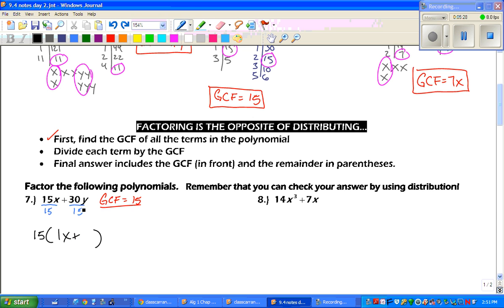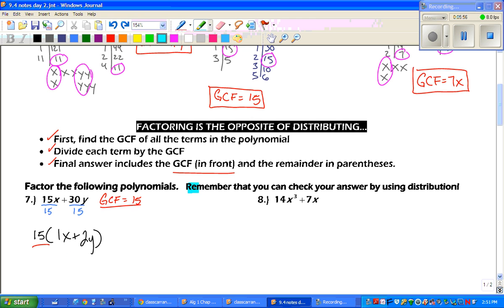And now 30 divided by 15 is 2, and we're left with the y. So we divided, and our final answer includes the GCF out front and the remainder in parentheses.